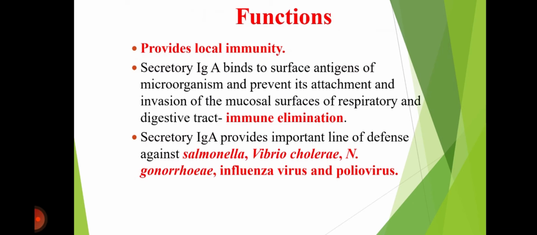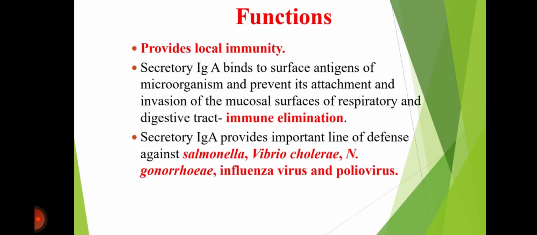Functions of immunoglobulin A. IgA provides local immunity. Secretory IgA binds to surface antigens of microorganisms and prevents their attachment and invasion of the mucosal surface of the respiratory and digestive tract, that is immune elimination.